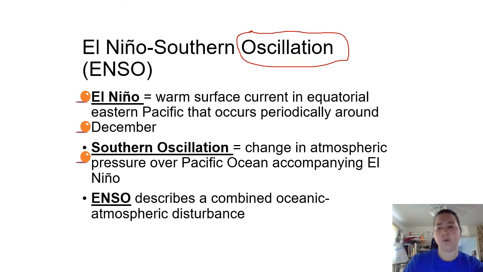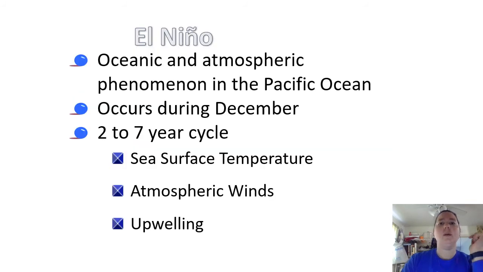If you have noticed in the past, they will talk about whether it's an El Nino year or a La Nina year, La Nina, which is the opposite of it, and how that can affect our weather, and that can affect whether we have more snowstorms or more rain, warmer temperatures, cooler temperatures, and so on and so forth.